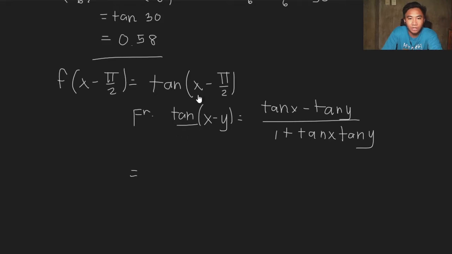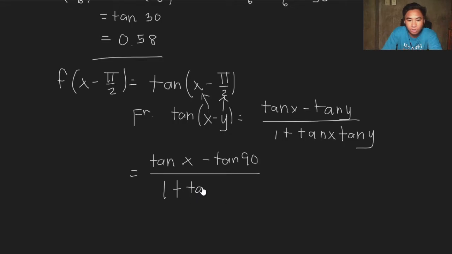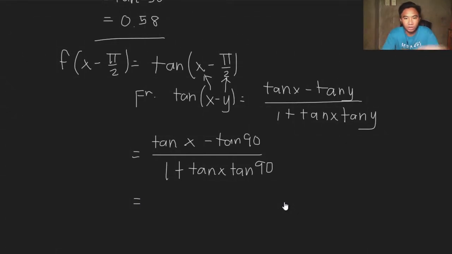So, tangent x, our x is this, and this is y. So, tangent x minus tangent y, which is pi over 2 or 90, all over 1 plus tangent x tangent y, our y again is tangent 90. If we use the calculator for tangent 90, it is an error.